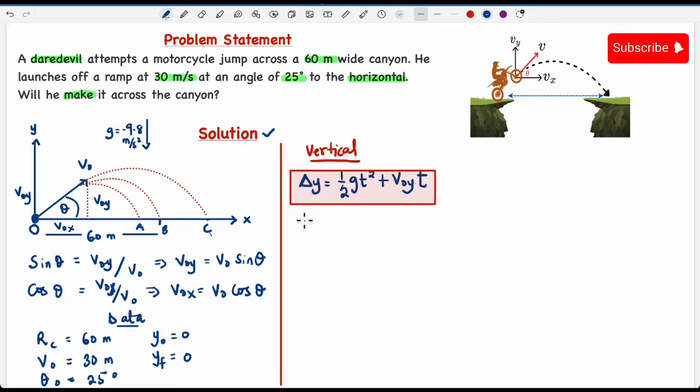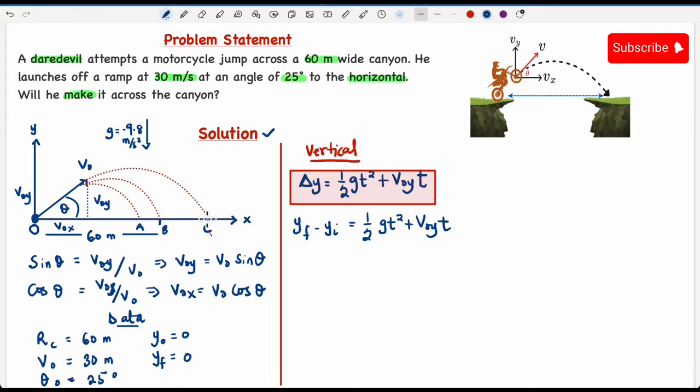So this delta y is simply the y final minus the y initial, and that is equal to 1/2 gt squared plus v naught y t. Now we can see that both the y final and the y initial are 0 because the displacement for this motorcycle is going to be 0. It will start from 0, go to the maximum height and then back to 0.